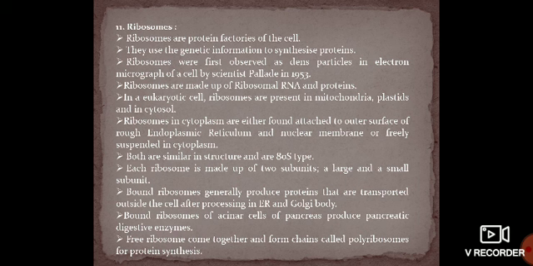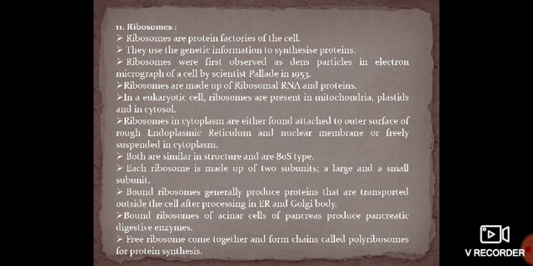Next comes ribosome. Ribosomes are protein factories. We have seen many times 70S ribosome, 30S ribosome. They are protein factories because ribosomes ultimately help in the synthesis of protein. Ribosomes were first observed as dense particles under the electron microscope by a scientist called Palade in 1953.